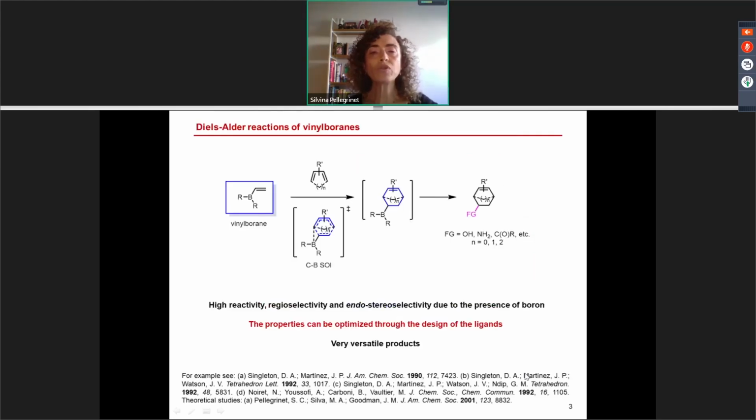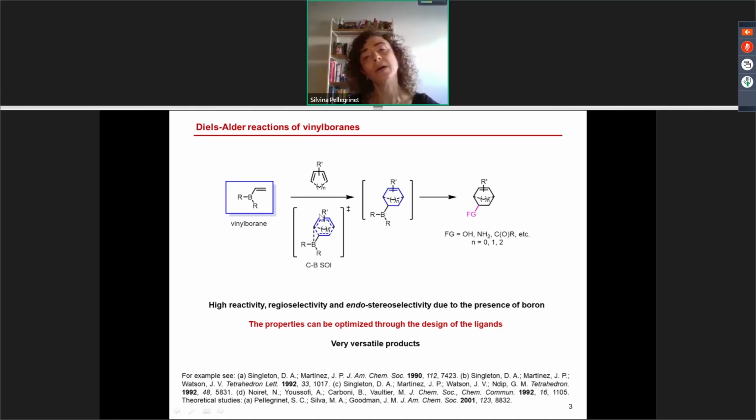When I was doing my postdoc in England, I became interested in the Diels-Alder reactions of vinyl boranes. These reactions had been developed by Singleton and co-workers in the 90s and were very interesting because vinyl boranes exhibited high reactivity, regio, and endo stereoselectivity due to the presence of the boron atom, which withdraws electron density from the double bond.